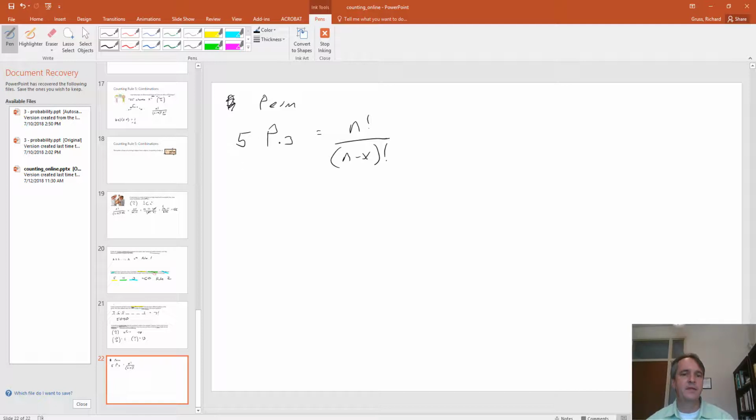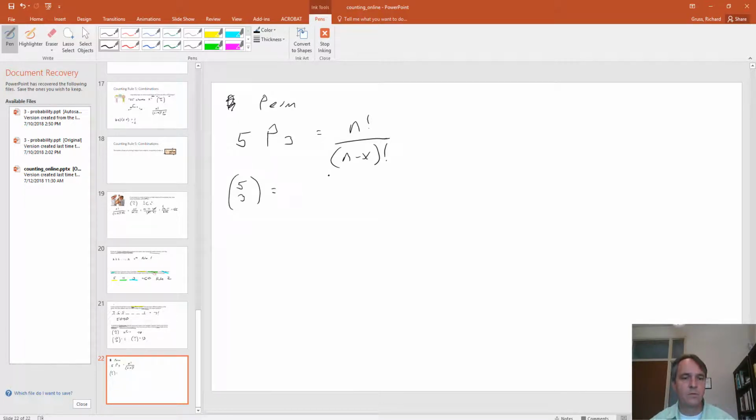So one way to think about this problem is, okay, this is actually 2 different tasks, right? We first have to pick 3, right? And how many ways are there to pick 3? So now that's just 5, choose 3, right?